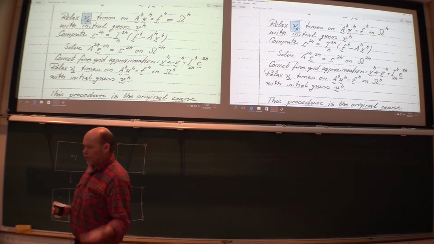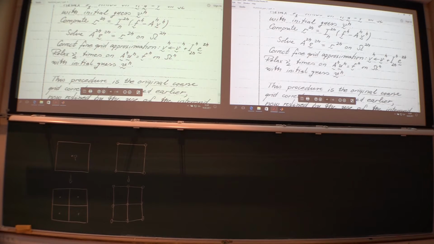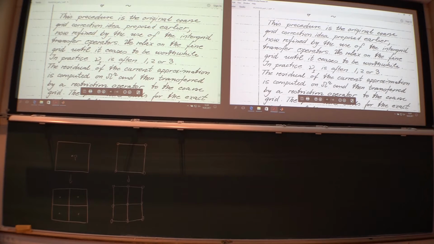And then on the way up again, you will use nu2, the number of iterations on each level. So these two parameters you'll find in most multigrid algorithms.